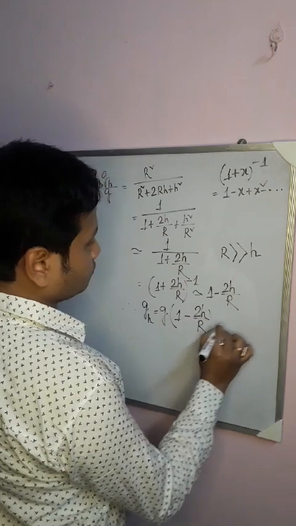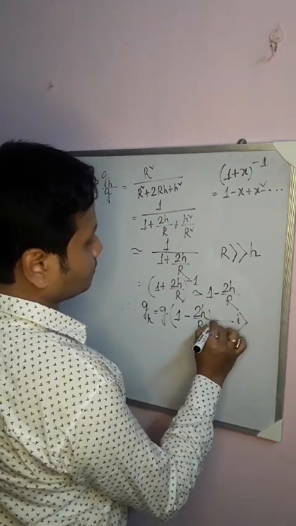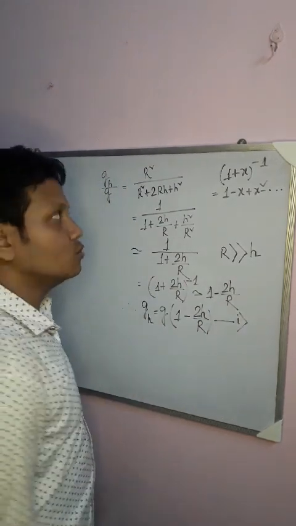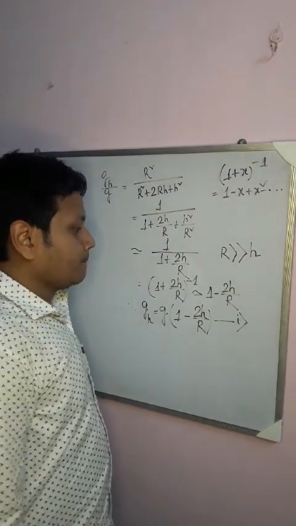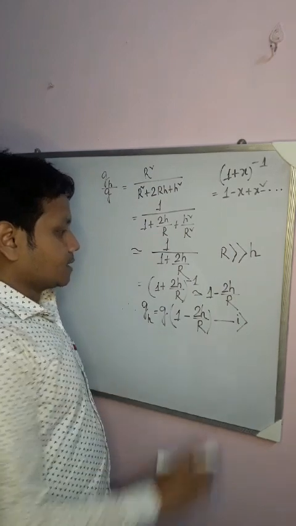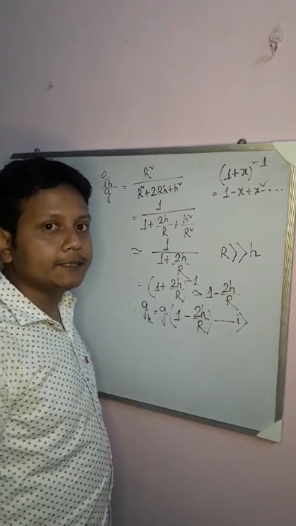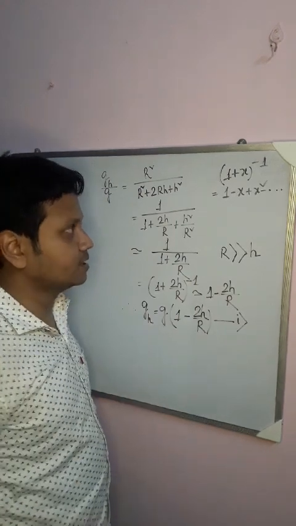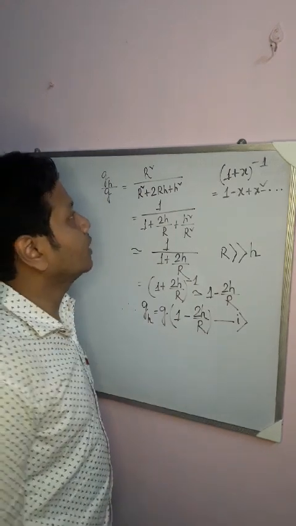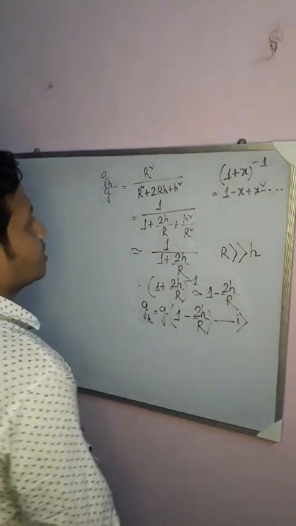So this is the variation of g with height, or you can say with altitude. This is the formula. This is the variation of acceleration due to gravity with height. This is a simple expression. So this is the first case.